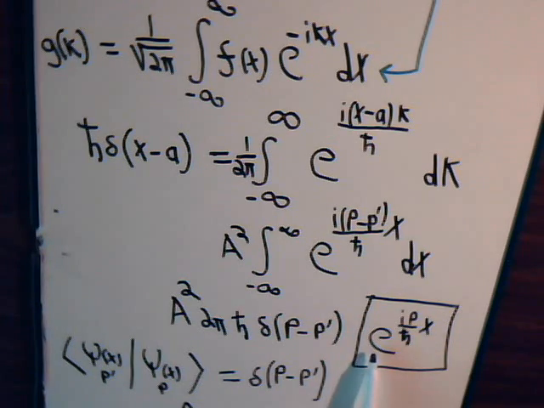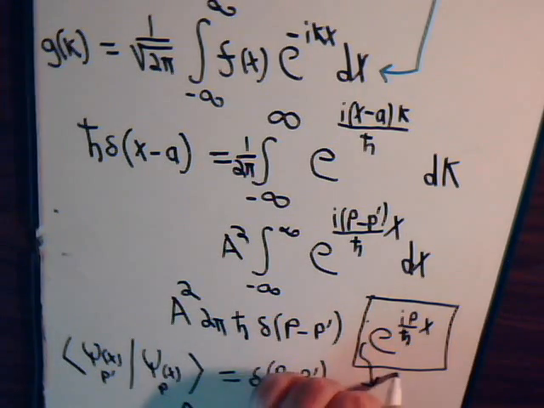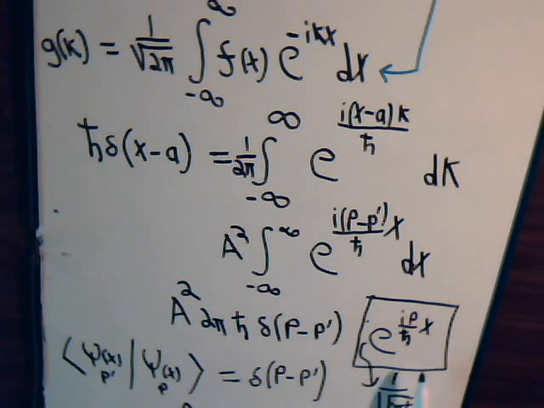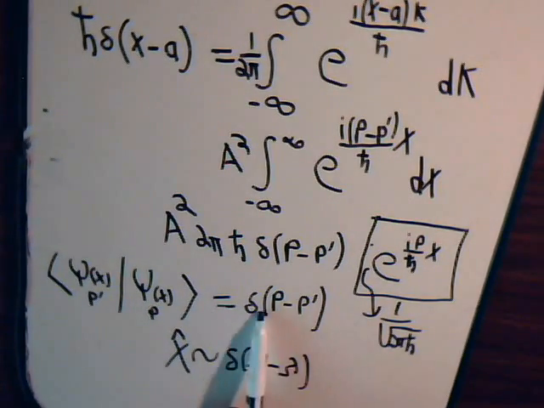I'm leaving a out now. Well, we know a is actually 1 over the square root of 2 pi h bar. So there's the eigenfunction for the momentum operator, but when you take their inner product, out comes these Dirac delta functions. So we're back to these expressions again.